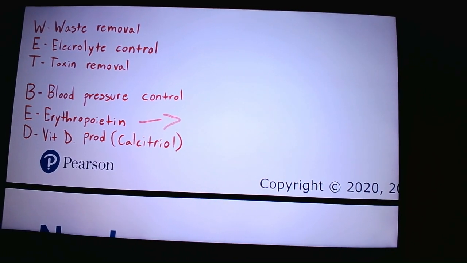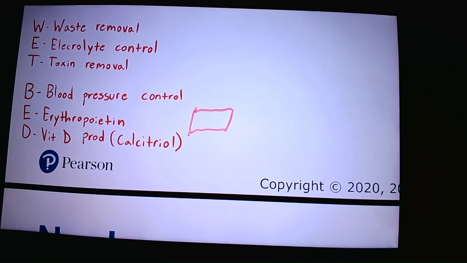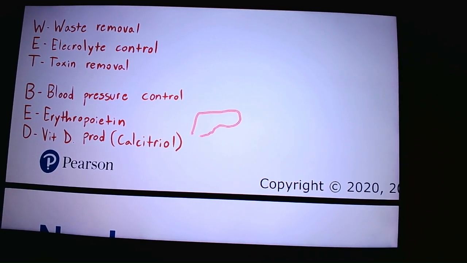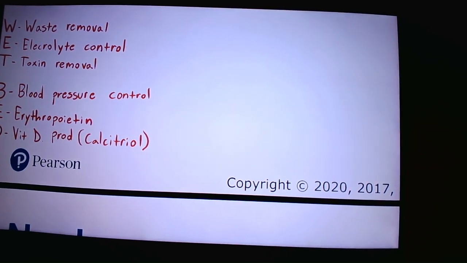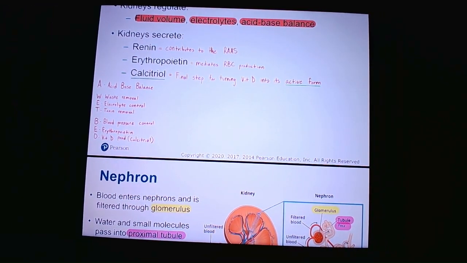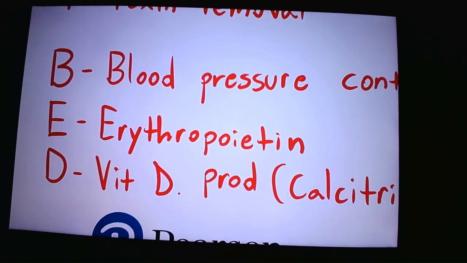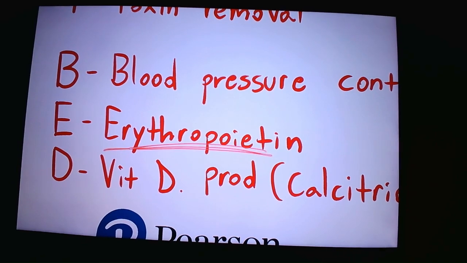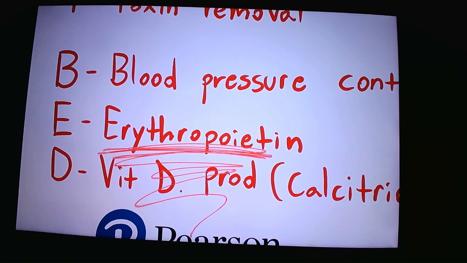So erythropoietin points to the liver, and it makes the liver create RBCs. The liver has the pieces to the puzzle, but the erythropoietin is the one running the show, saying, "Hey, I want you to actually make red blood cells."